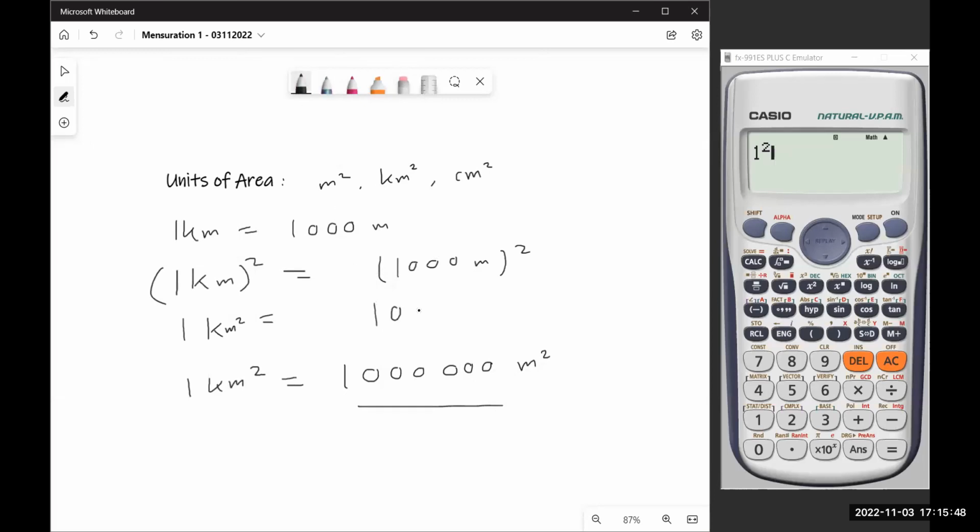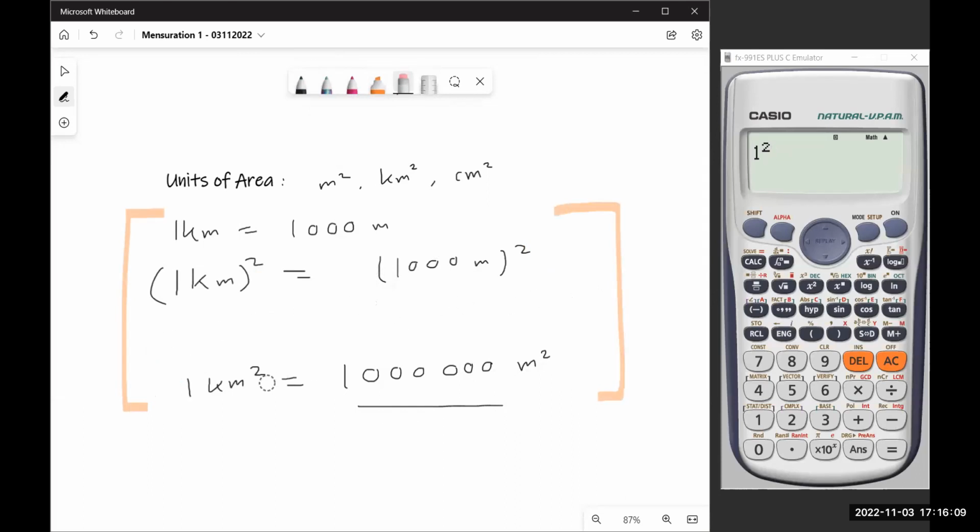Okay. I hope that makes sense. So I get this final answer. Now in your notebook, you have to write the whole thing, but you don't have to write this step.